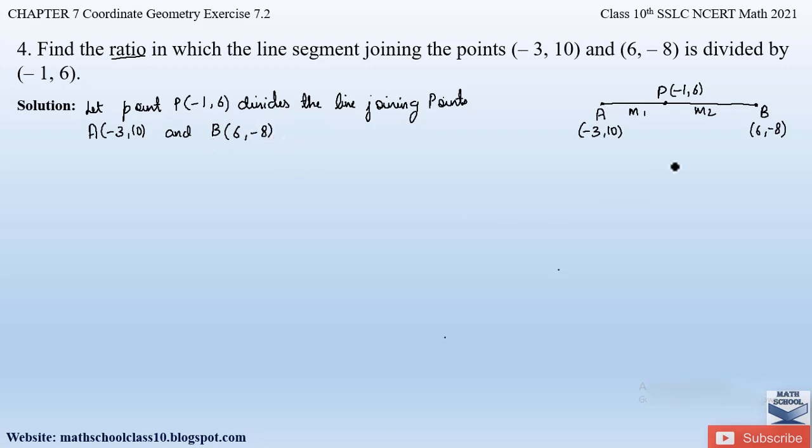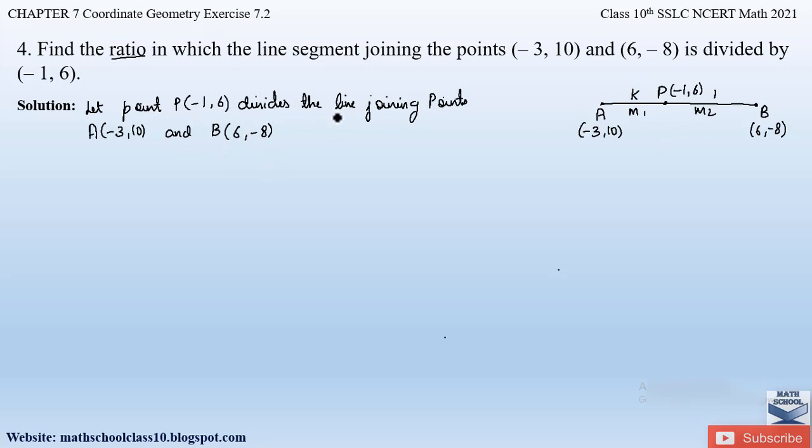Here there are two methods to solve this problem by using the section formula. Either we can assume the ratio to be m1 is to m2 or we can assume the ratio to be k is to 1. If we assume the ratio to be k is to 1, it will be simpler for us to solve the problem as it is given in the textbook.